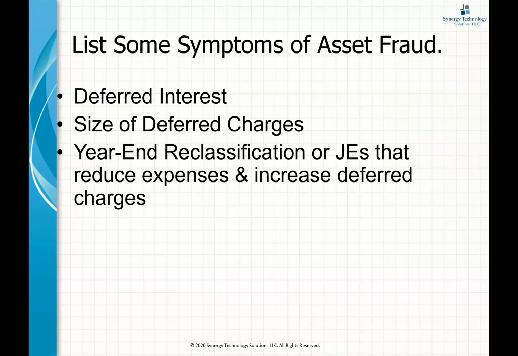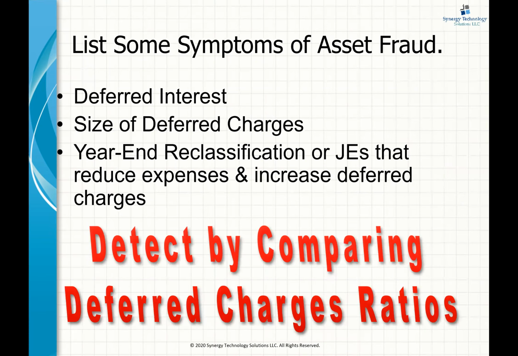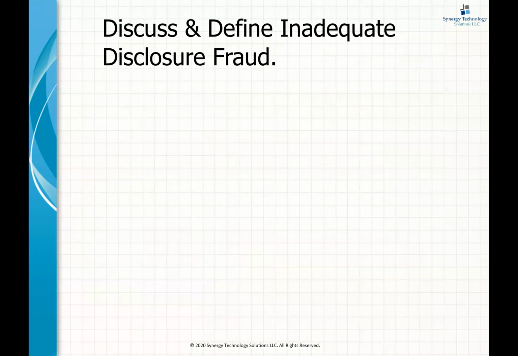That is okay. But when the customer is doing topside entry, then you have some issues. You detect those changes by comparing deferred charges ratios. So ratio analysis is a very good way of indication, finding out whether the symptom of fraud exists.